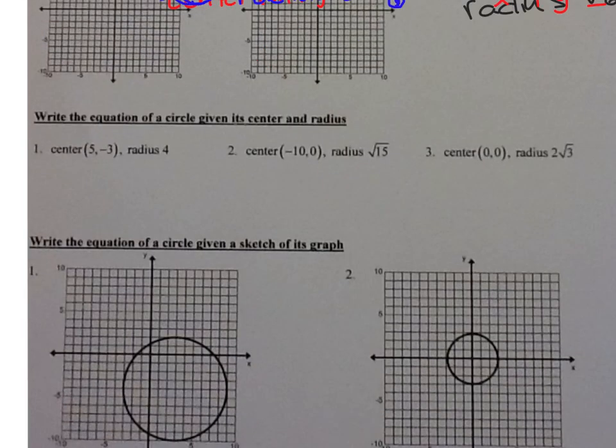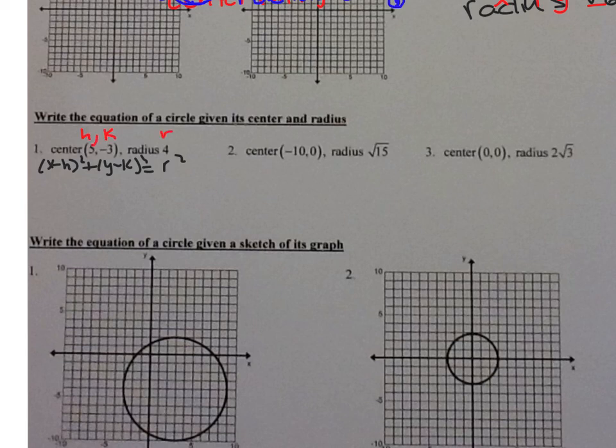Okay, so the next section says, write the equation of the circle given its center and the radius. So let's write the formula down: (x minus h) squared plus (y minus k) squared is equal to the radius squared. So 5, negative 3 would be my (h, k), and 4 is my radius.